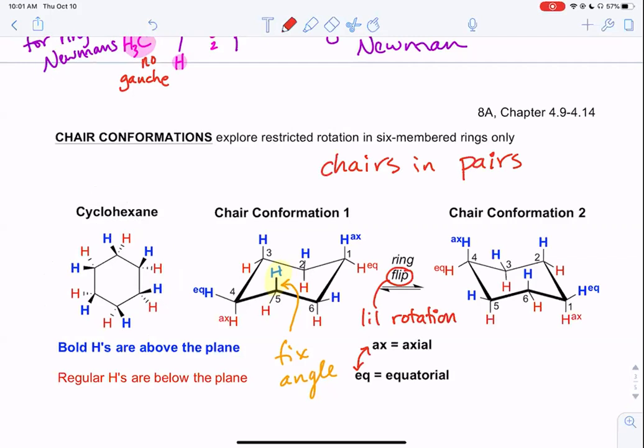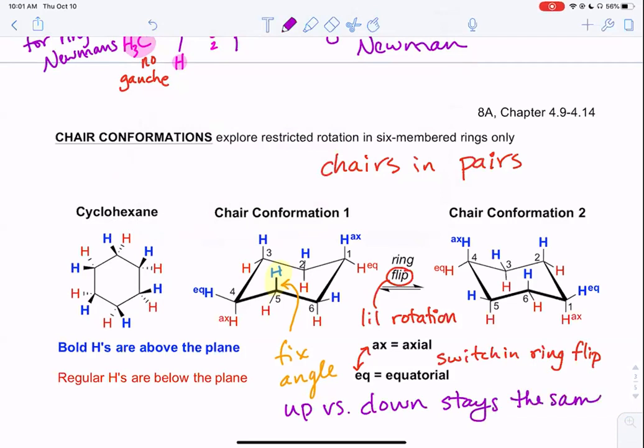The thing that will not change, which is very important, is what direction it is pointing, and by that I mean the up and the down. So the axial and the equatorial will switch in a ring flip, but the up versus down should never change. It stays the same.